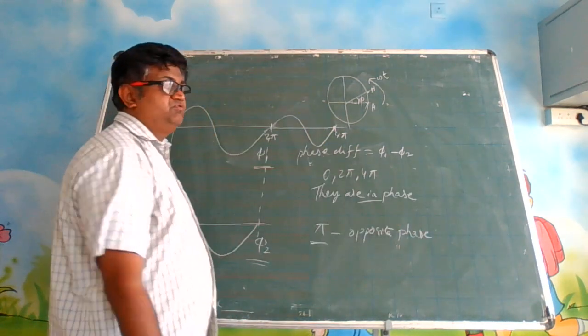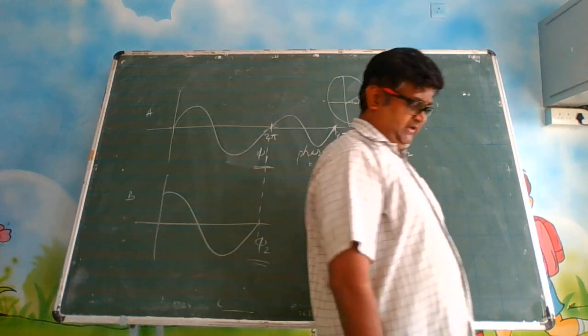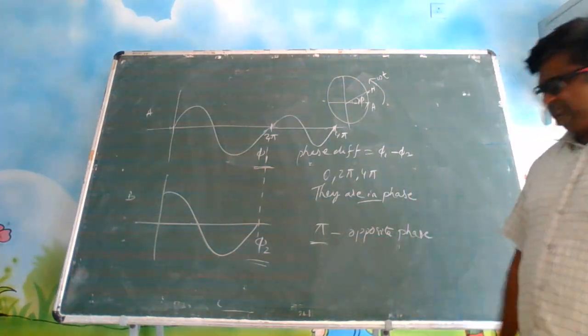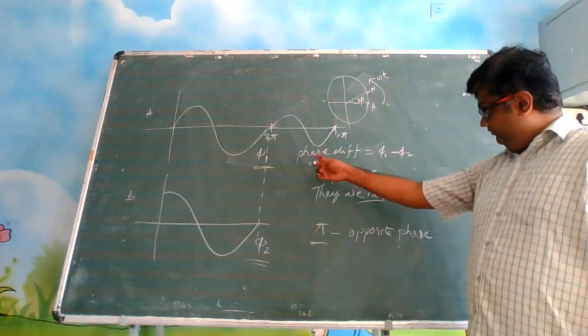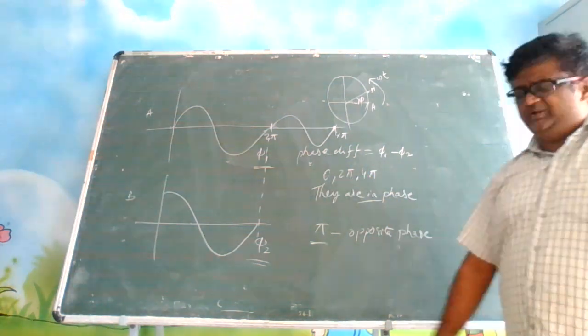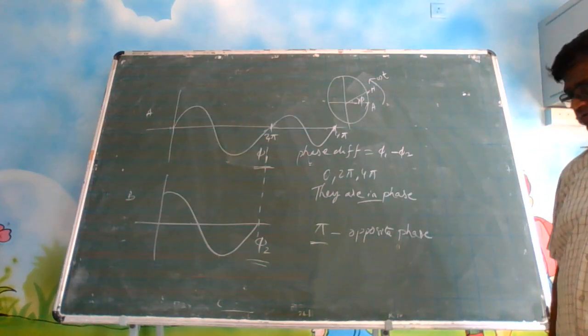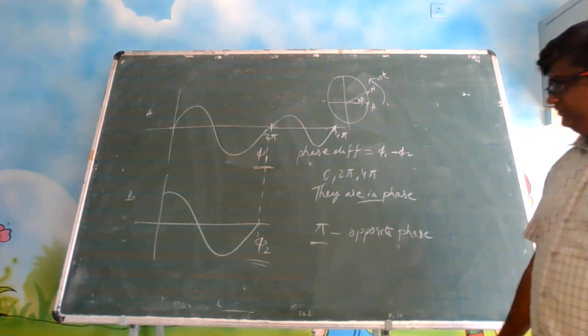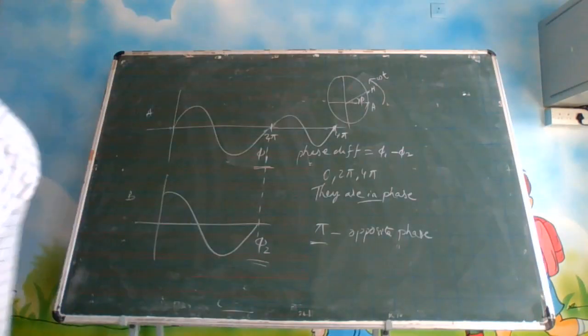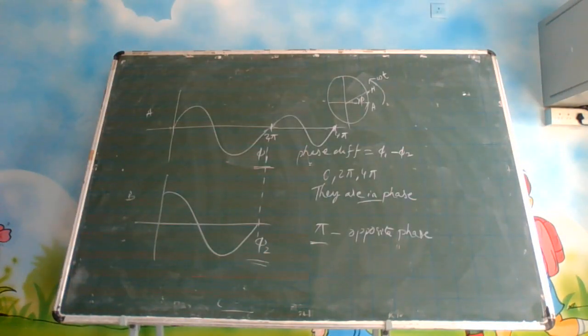While discussing the wave chapter, we have seen that the amplitudes were cancelling each other in this case. So when the phase difference is 0 or 2 pi, they are in phase, but when it is pi, they are in opposite phase.